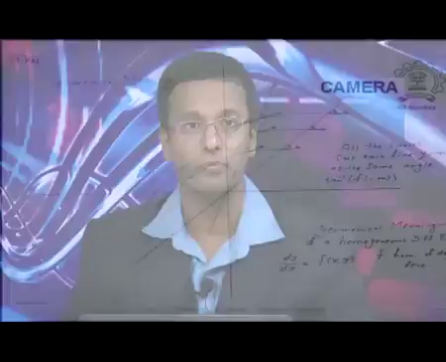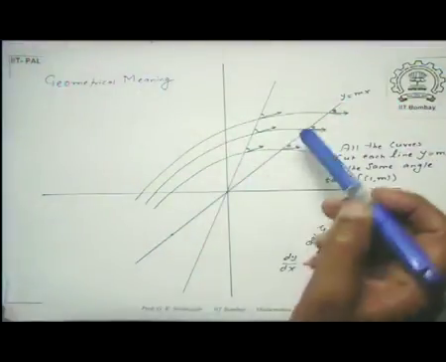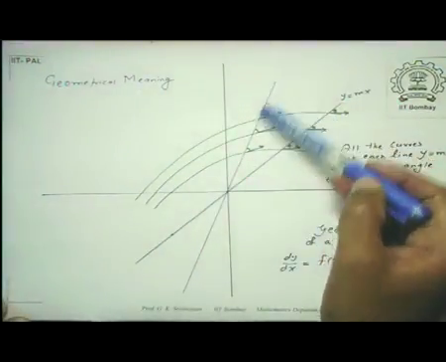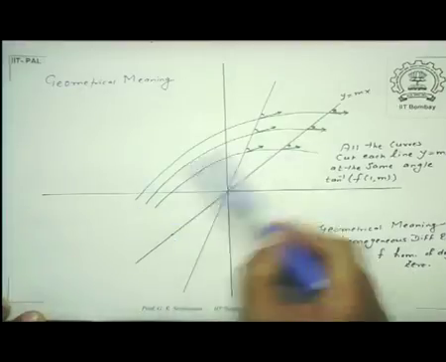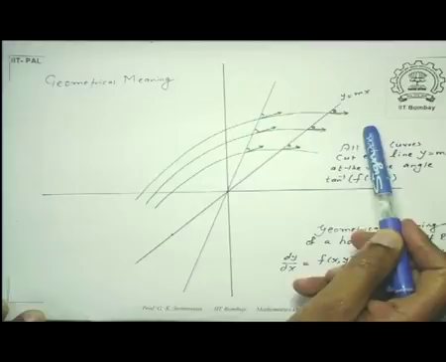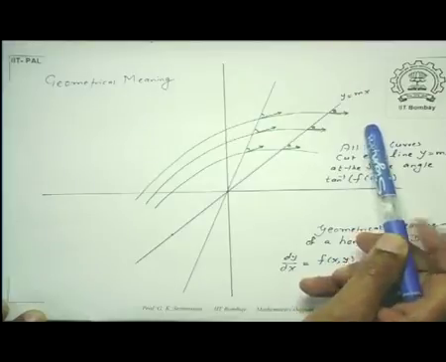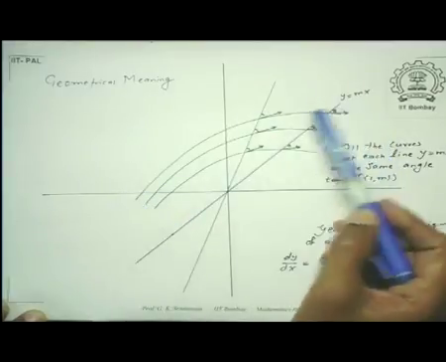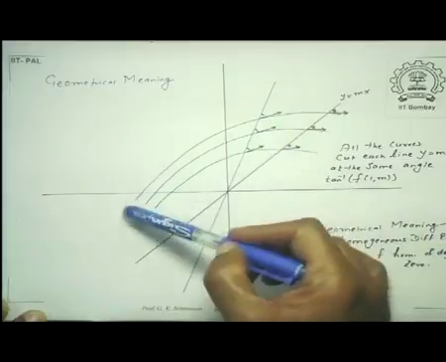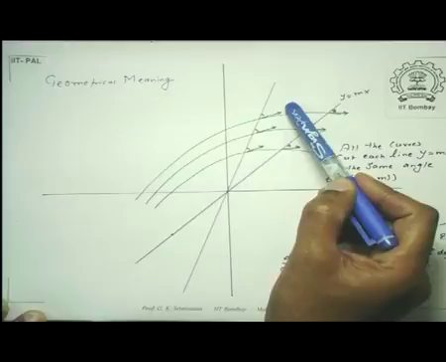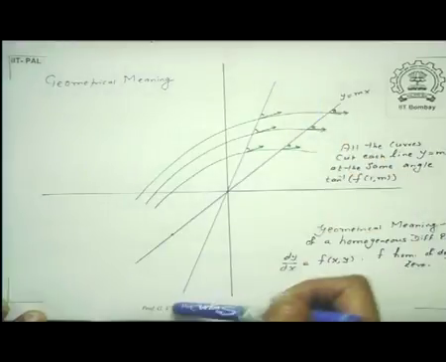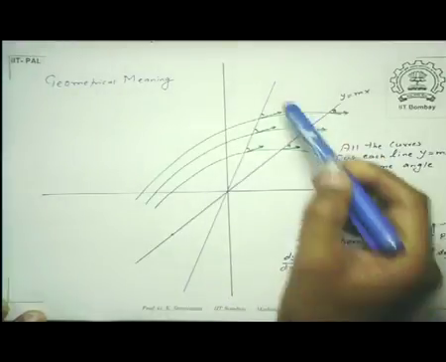Let us look at this like a picture. The picture shows you a line y equal to mx and a family of solution curves for the differential equation. Each solution curve meets this line at a point. The next solution curve meets at a different point. The tangent meets this line at the same angle.